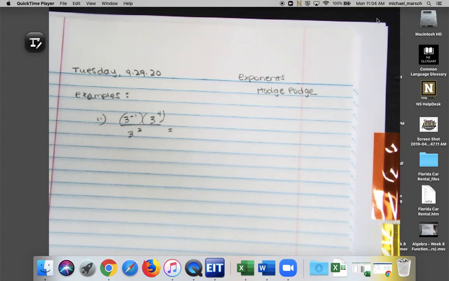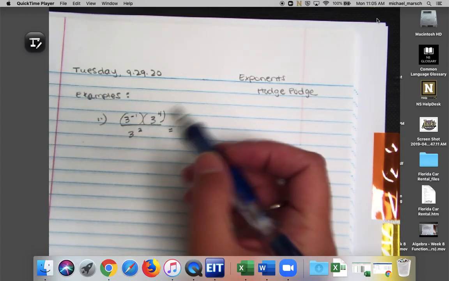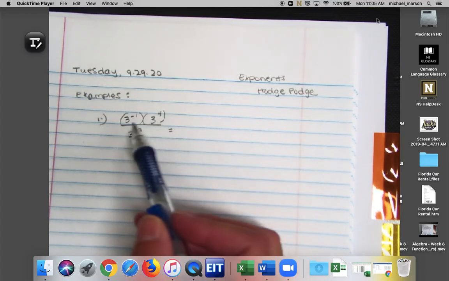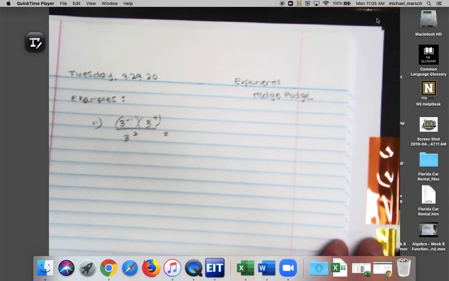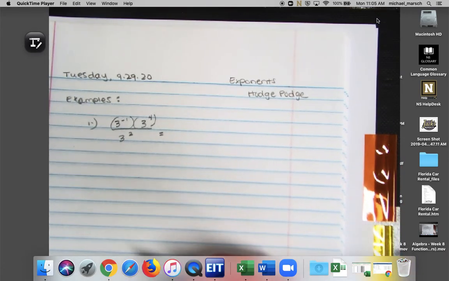I've got something happening in my denominator, right? So what do you think I should do first to simplify this? What should I probably do first? What do you think, Savannah? Yeah, these are going to be multiplied. So what's 3 to the negative 1 times 3 to the 4th? What's that going to give me?